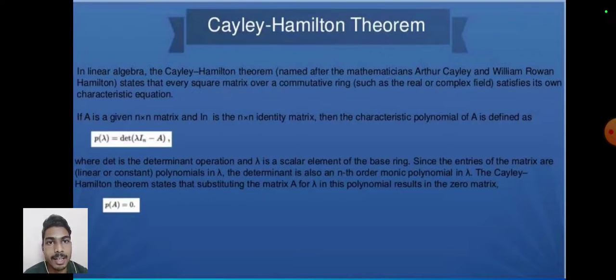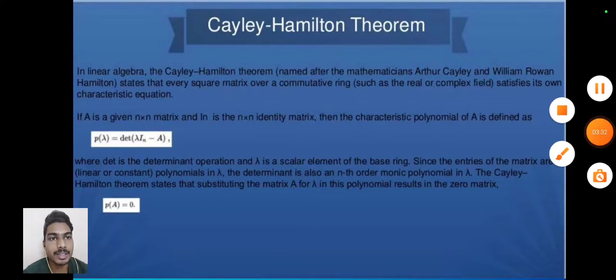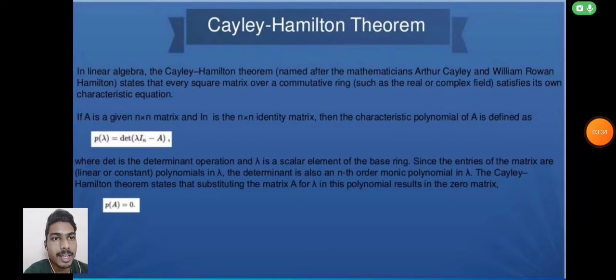If A is a given n by n matrix, and I_n is the n by n identity matrix, then the characteristic polynomial of A is defined as p(lambda) = det(lambda I_n - A), where det is the determinant operation and lambda is a scalar element of the base ring.